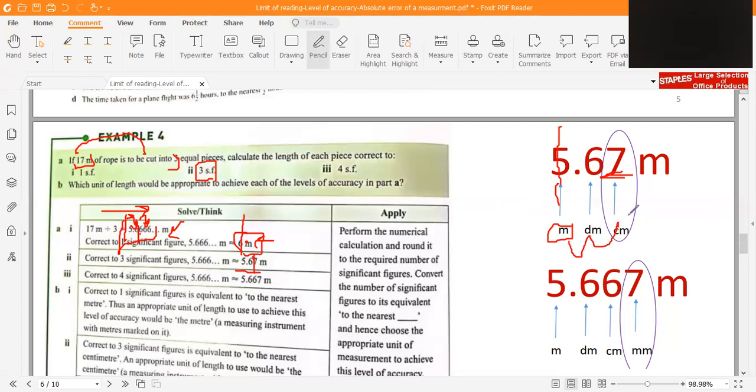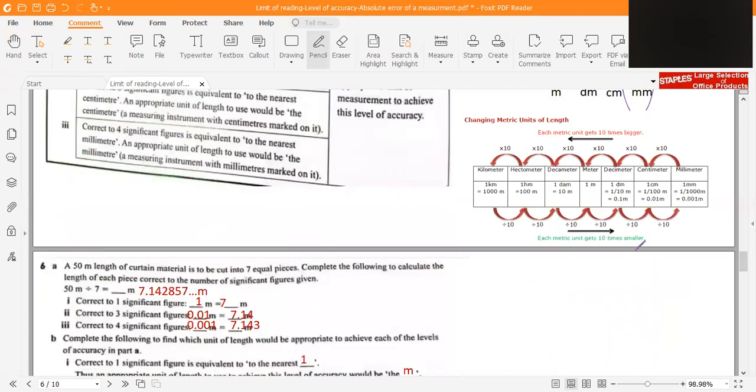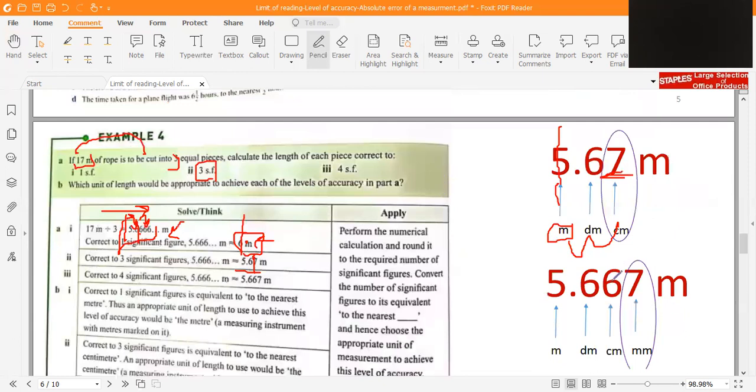So the last significant figure corresponds to the centimeter, so the centimeter is the appropriate unit of length. As we see here, the base unit is meter, and on the right we have decimeter, centimeter, millimeter, and on the left we have decameter, hectometer, and kilometer.